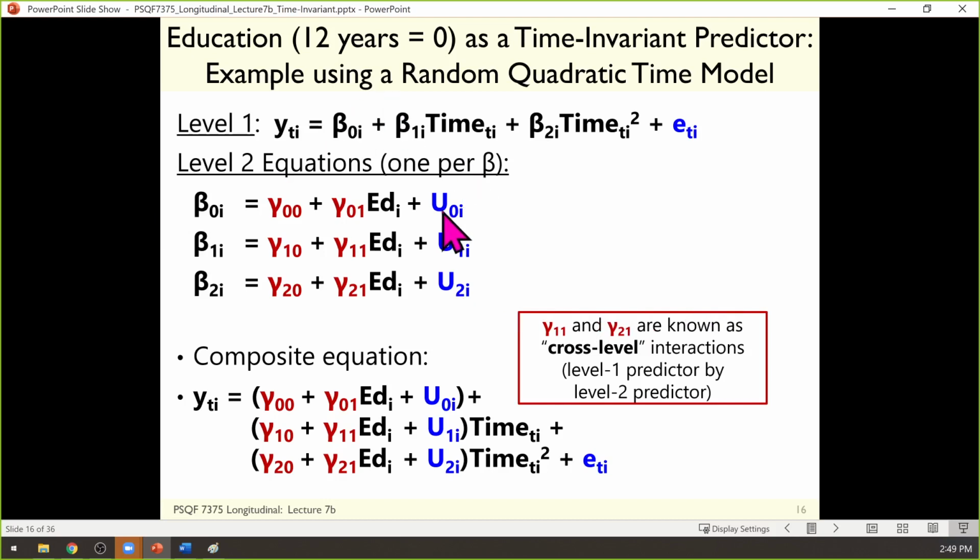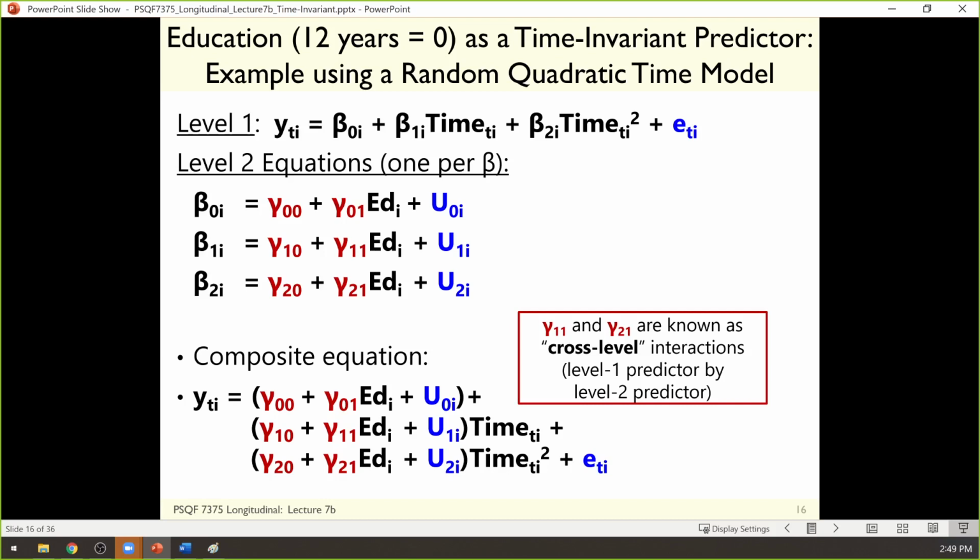So these random effects here are logical prerequisites to the inclusion of time invariant predictors. The existence of individual differences of each kind, intercept, linear time slope, quadratic time slope here, then invites the analyst to say, okay, why are there individual differences?